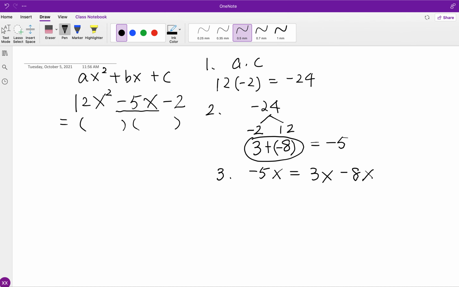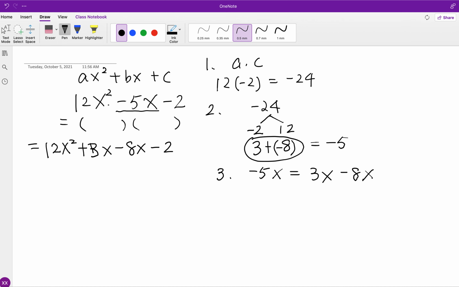So now I'm going to go back to my trinomial and break the middle term into two terms. Instead of -5x, I have a positive 3x and -8x, and then I have the final -2.